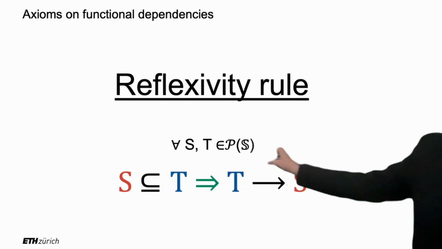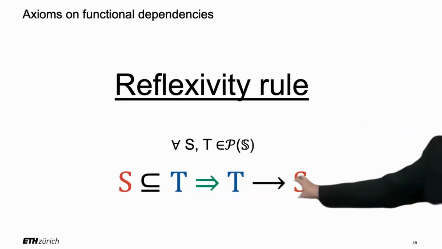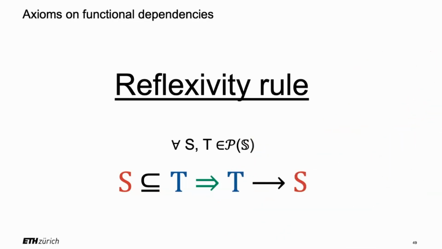It's really saying if you know more, then you know less, right? Again, S is a subset of T. So this is part of this. It's like saying if you know ABCD, then you know AB, right? It's just saying that. If you know plenty of things, then you know less of them. So this is called the reflexivity rule.